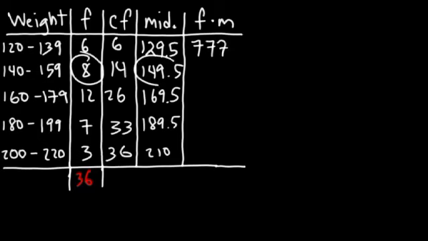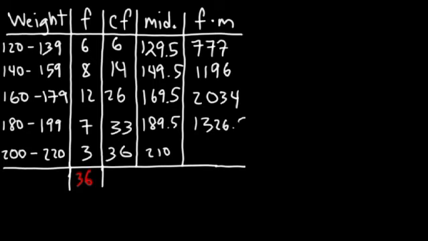If we multiply 8 by 149.5, that's 1196. And then 12 times 169.5, this is going to be 2034. And then 7 times 189.5, that's 1326.5. And then 3 times 210 is 630.